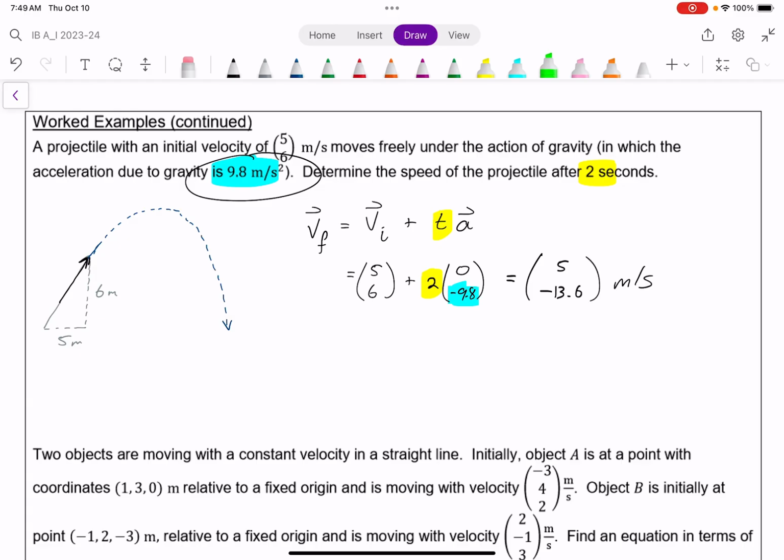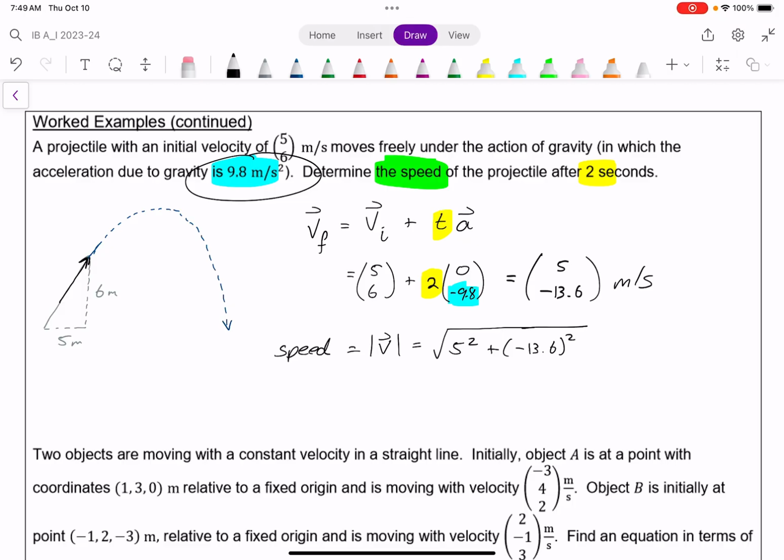But that's the velocity. It's asking for the speed, and the speed is a scalar quantity. Speed is the magnitude of the velocity. And so I need to find the length of this vector. So the speed will be, again, the magnitude of my velocity, or in this case, the square root of these two components squared. So the square root of 5 squared plus negative 13.6 squared.